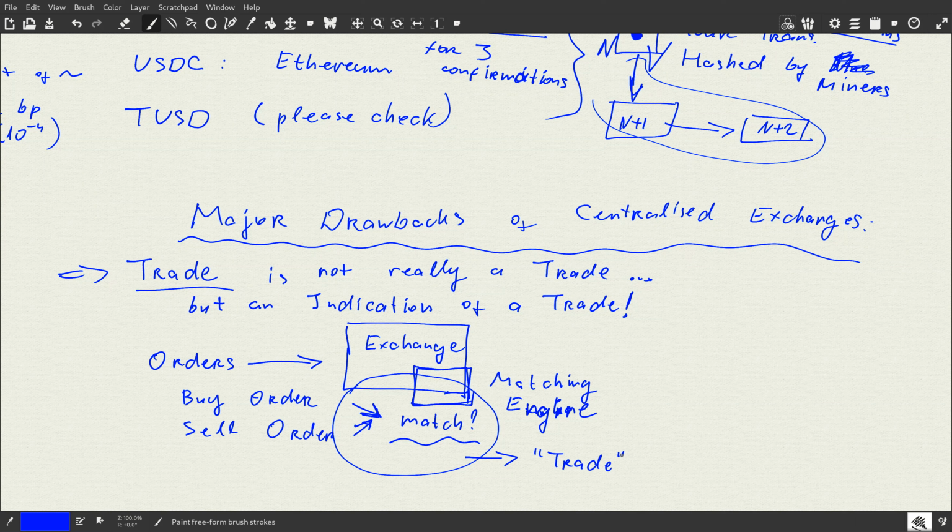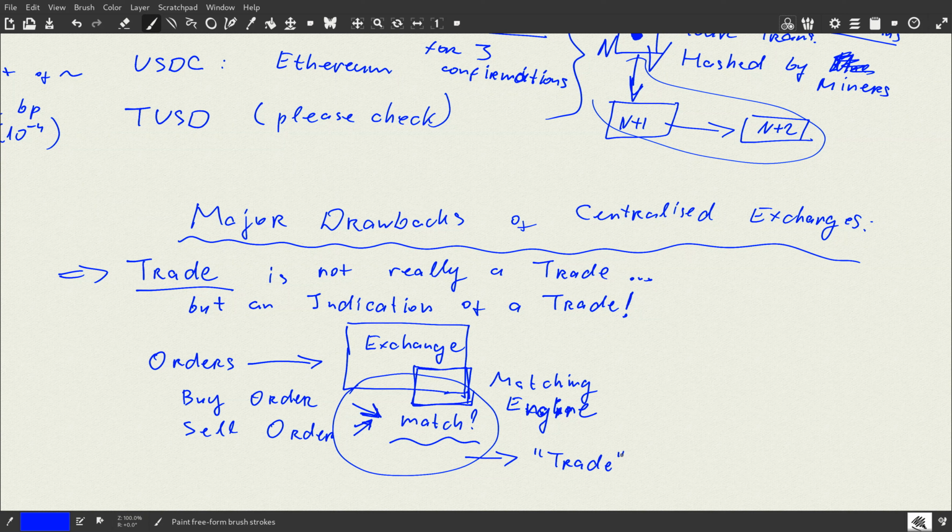It is just a paper trade, and that's why I say it is an indication of a trade, which would indicate that the corresponding amount of, let's say, BTCs are to be transferred from the BTC seller to the BTC buyer in exchange for the corresponding amount of dollars, which is the amount of BTCs times the price at which the match occurred, to be sent in the opposite direction.